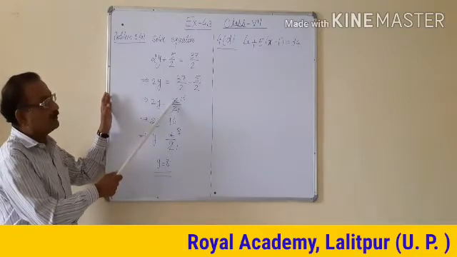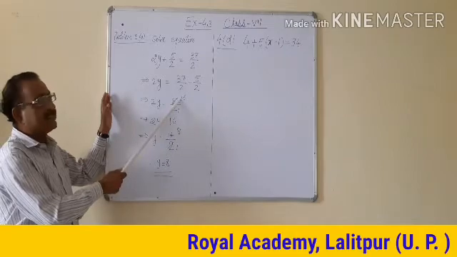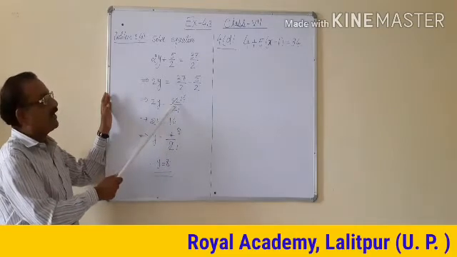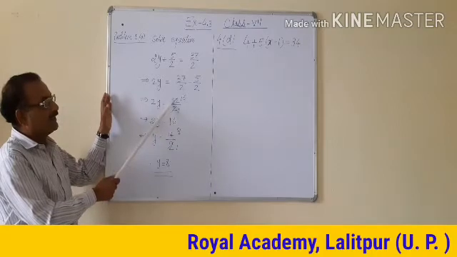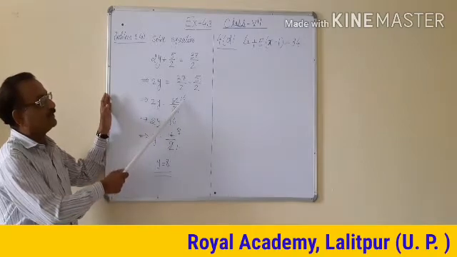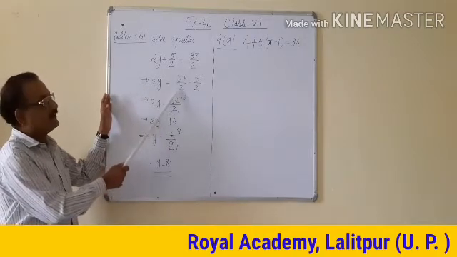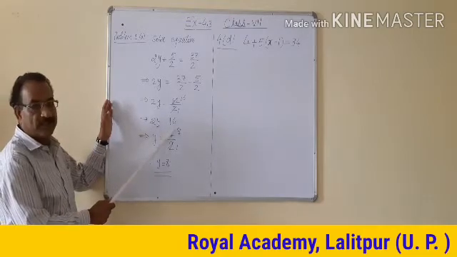Now 32 may be divided by 2, which gives 16. So 2y equal to, this implies 2y equal to 16.